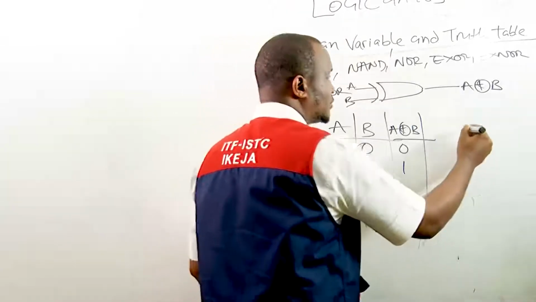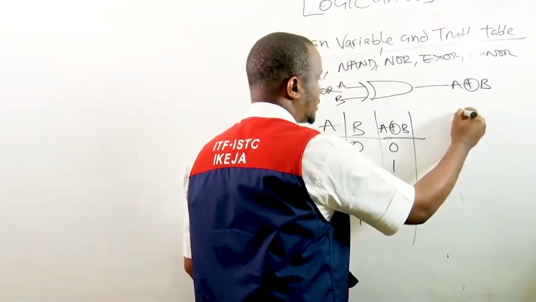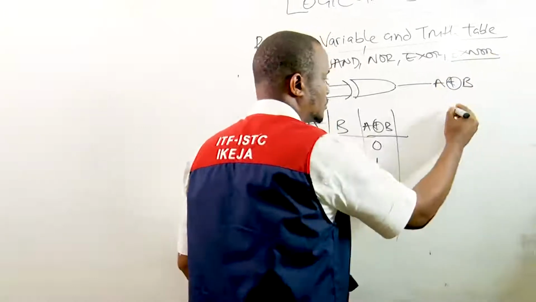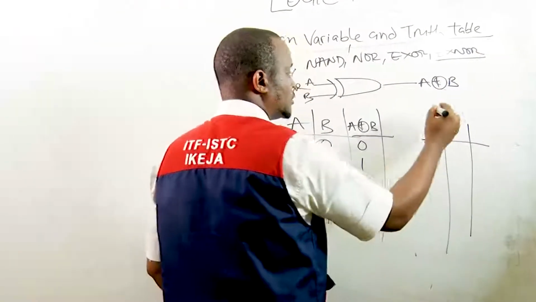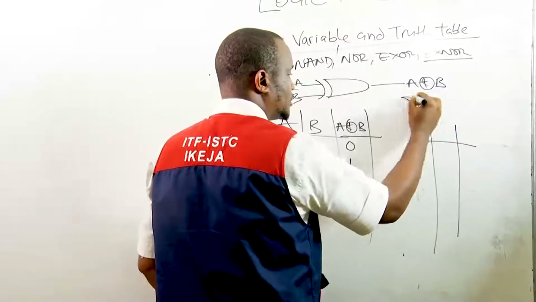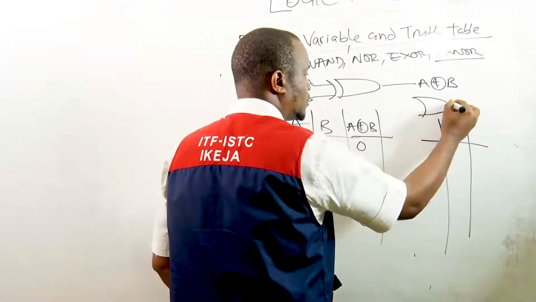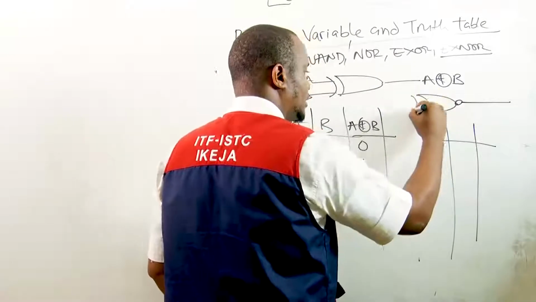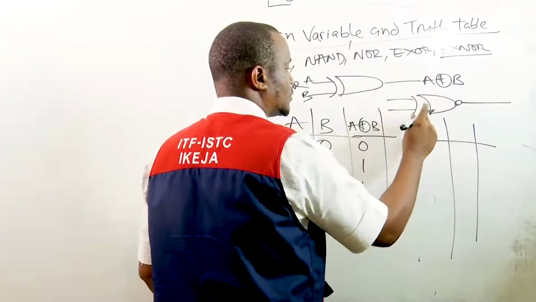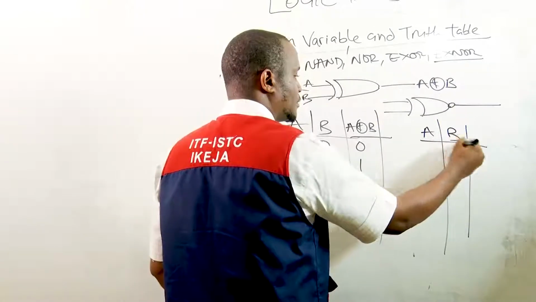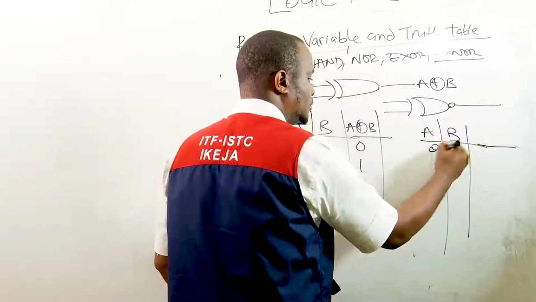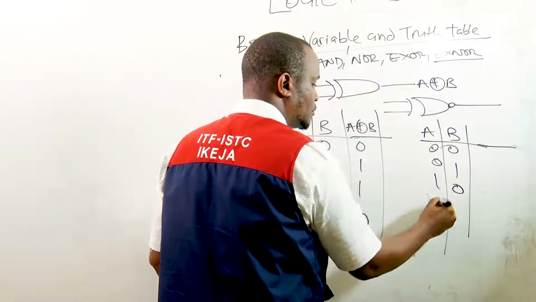Then for that of the XNOR, two input XNOR. Remember how we draw it. This is the NOR. So we have the XNOR. AB 0, 0, 0, 1, 1, 0, 1, 1.